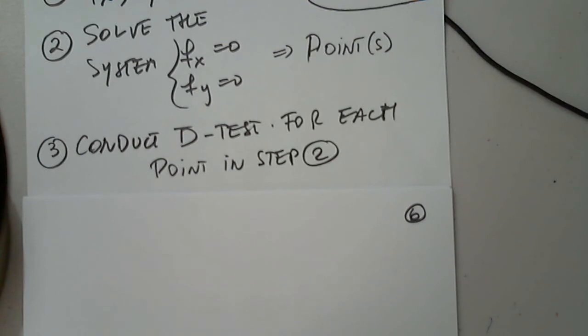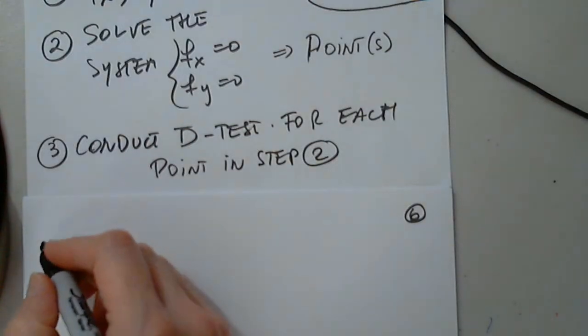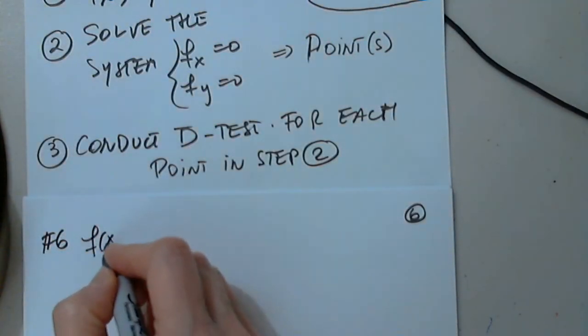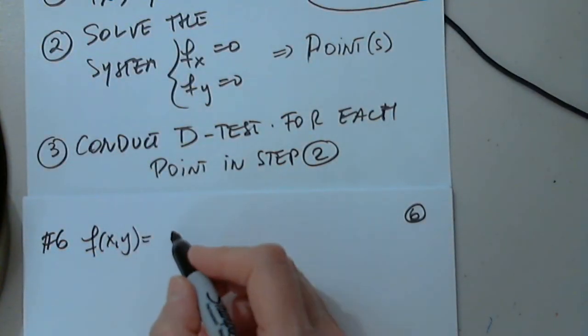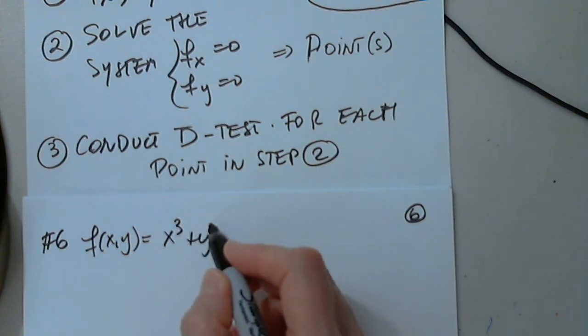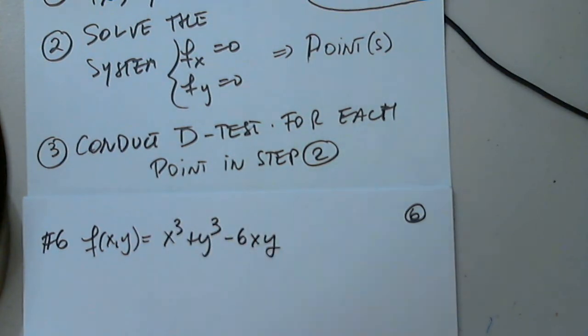Let's pick a function from 1 through 14 and work on it. Number 6. F of x comma y equals x to the third plus y to the third minus 6xy. Very good. So we want to find max min or relative max min or local max min.